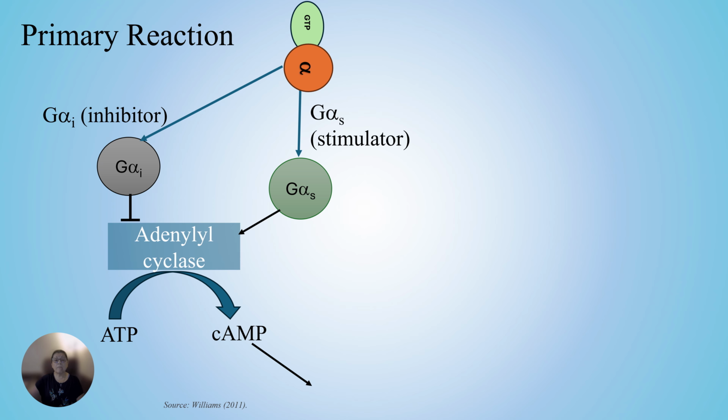The cyclic AMP then goes through a process of cleaving and activating PKA, which will then phosphorylate target proteins. And those are the cellular responses that occur.